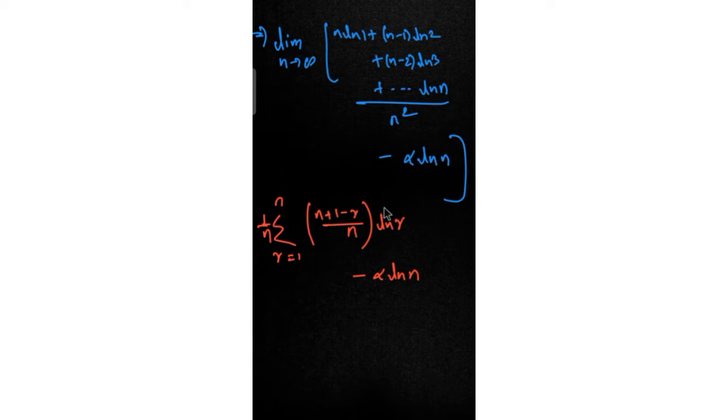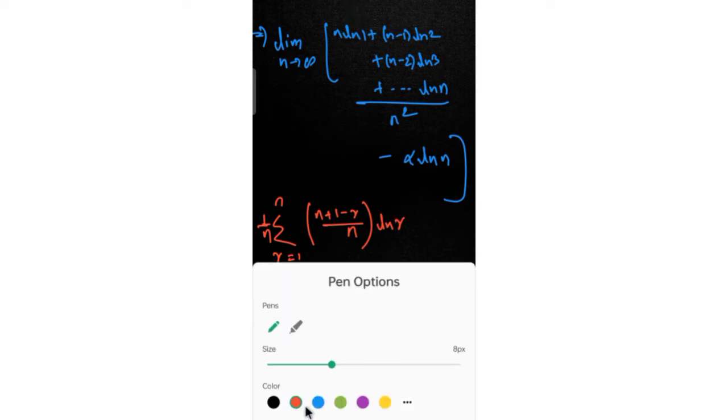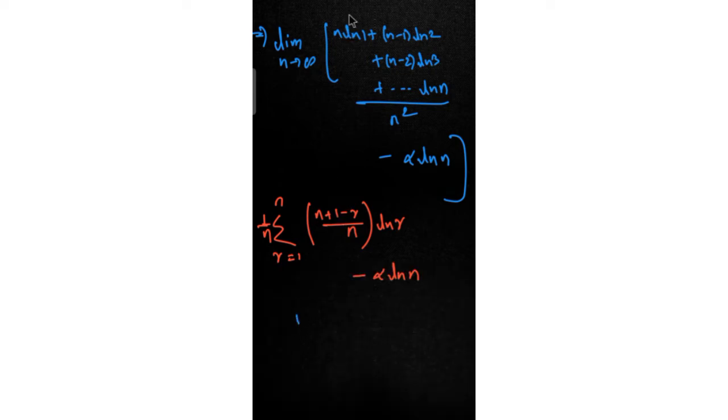So what I mean is, first I'll subtract minus 1 by n sigma r is equal to 1 to n of (n plus 1 minus r) divided by n ln n, and because I've subtracted this, I must add this.